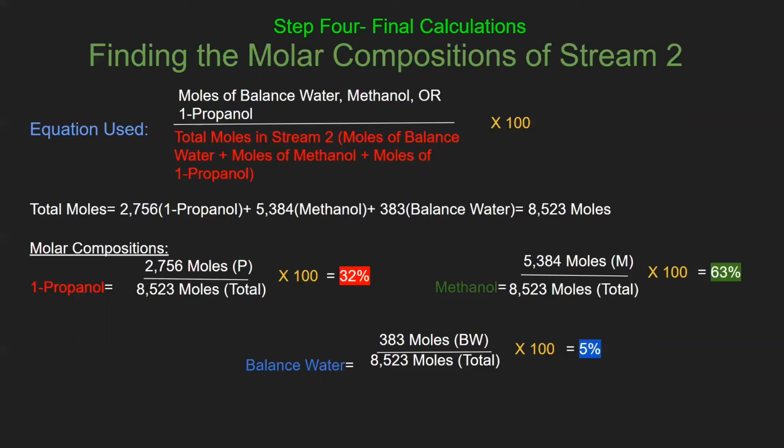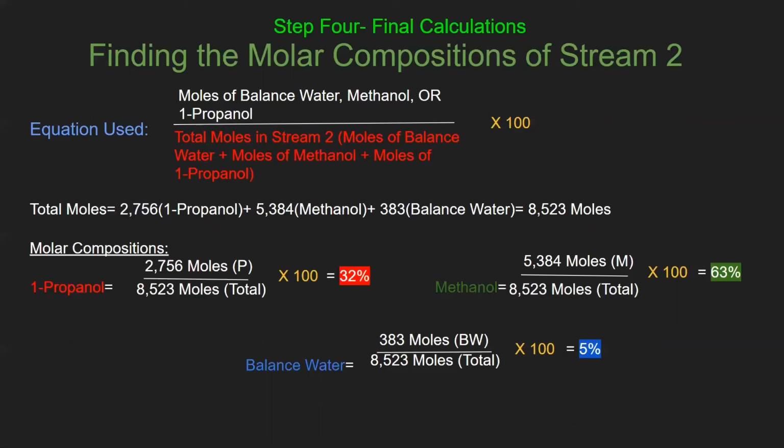Multiply that by 100, and then you should get your molar composition. Total moles is the 2,756 moles of 1-propanol plus the 5,384 moles of methanol plus the 383 moles of balanced water, which you should get an equal of 8,523 moles. And all these individual moles of the mole species were calculated on the previous slides.